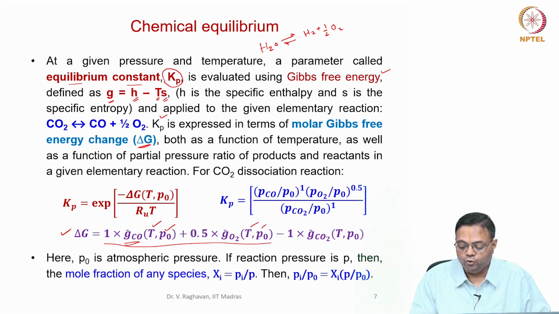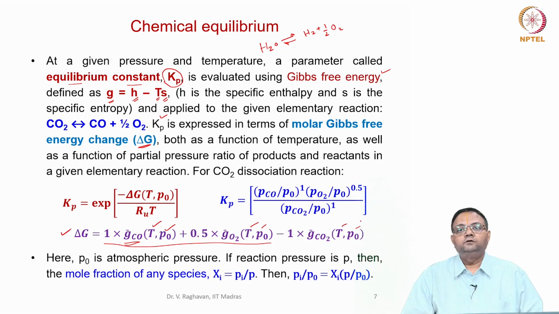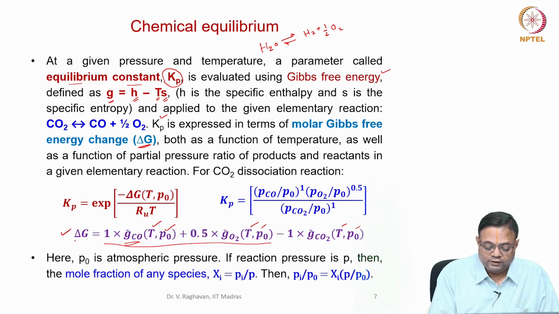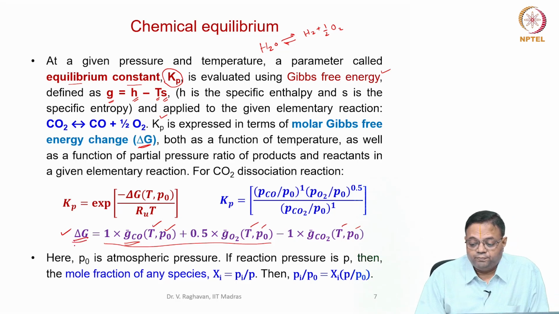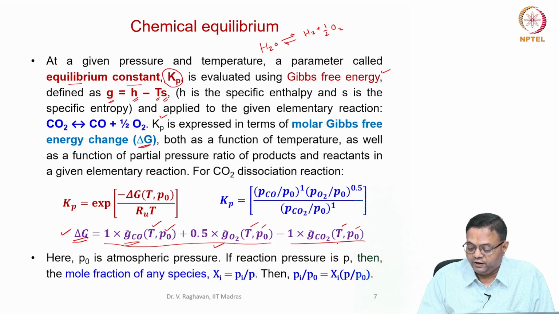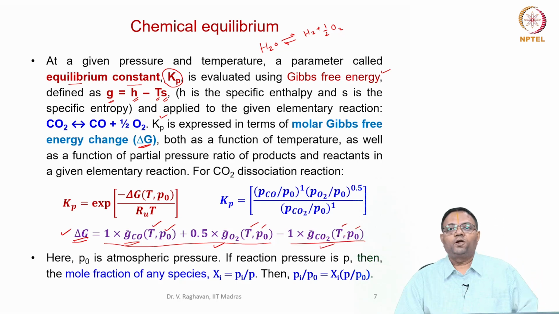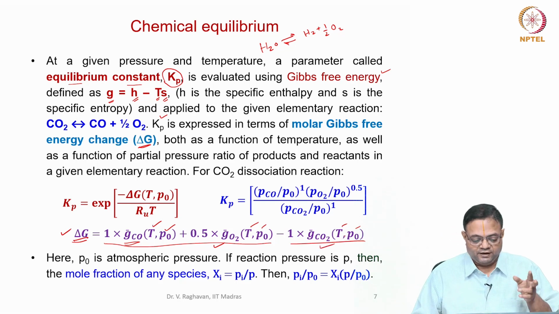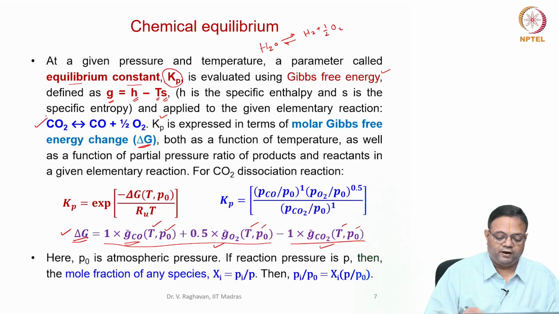So, 1 into G bar of CO2 calculated at pressure P0 and temperature T. So, this Gibbs energy change or Gibbs function change is nothing but the Gibbs free energy of the products minus the Gibbs free energy of the reactant, for the reaction written in this way.